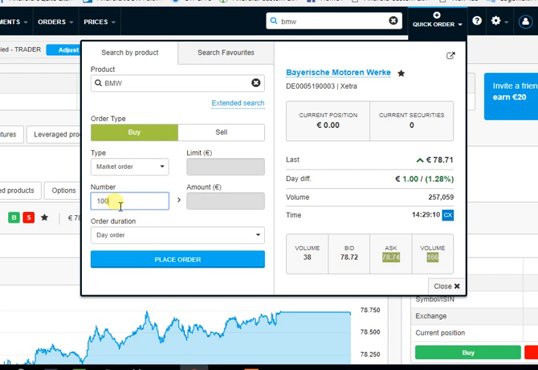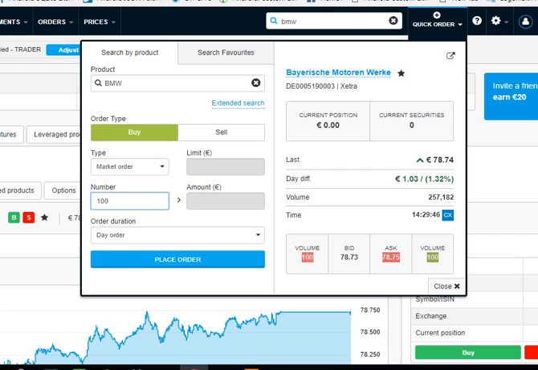I already shorted at 78.70, so when it hits 78, I take my profit of 70 cents. 70 cents by 100 is 70 euro. Shorting means that I want to profit on the downside of the trend when the price goes down.